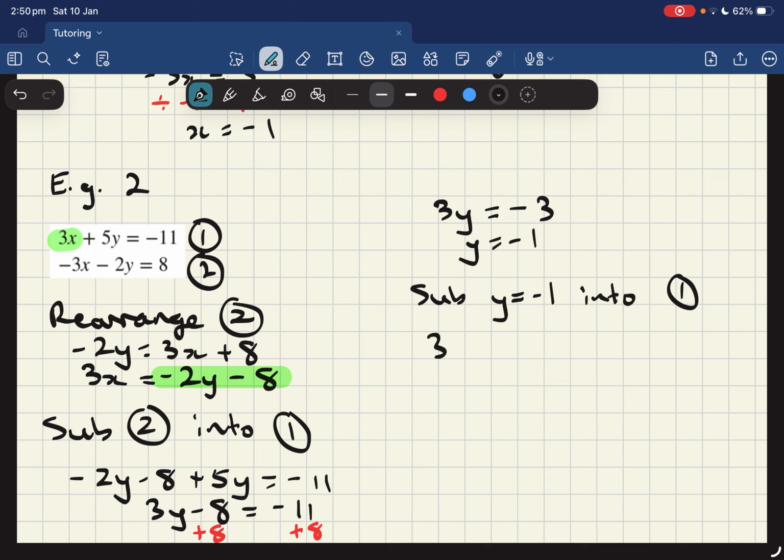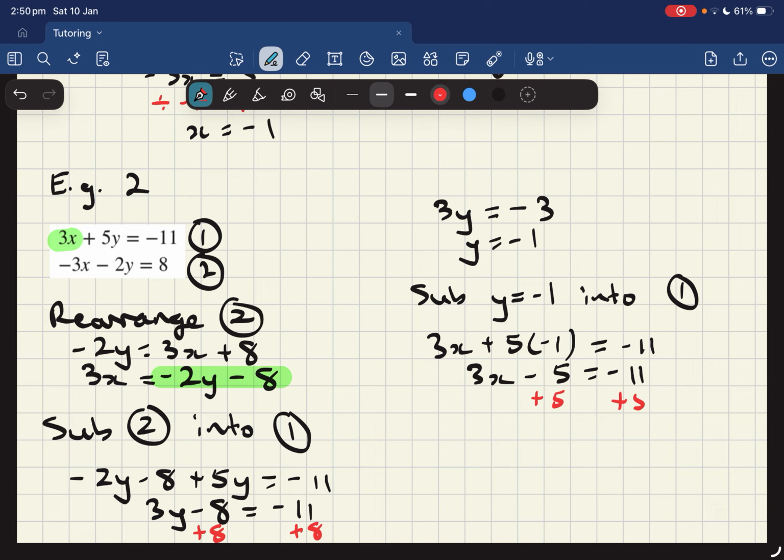So I have 3x plus 5 times minus 1, because I'm substituting negative 1 in for y, equals negative 11. So I get 3x minus 5 equals minus 11.